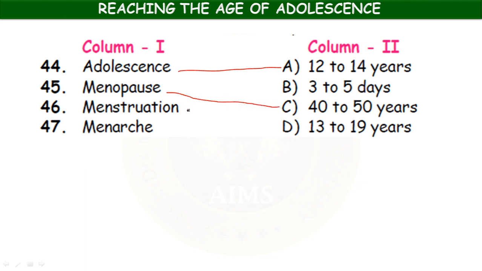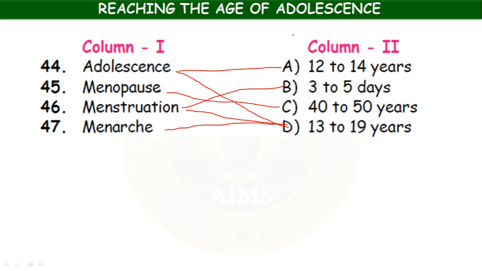Menstruation is the period of bleeding, which is 3 to 5 days in the females. Menarche is the first menstrual cycle, beginning between 13 to 19 years, approximately 13 to 19 years mostly. Regularization of the menstrual cycle takes place between 13 to 19 years in the females.